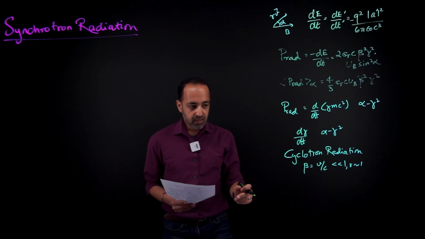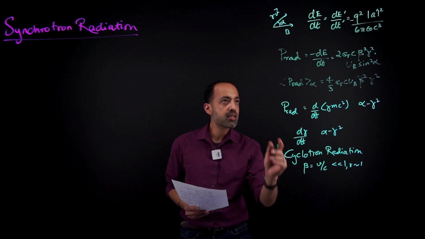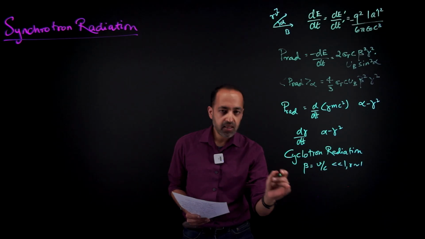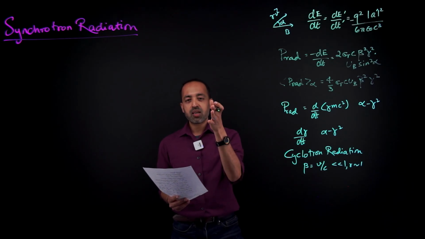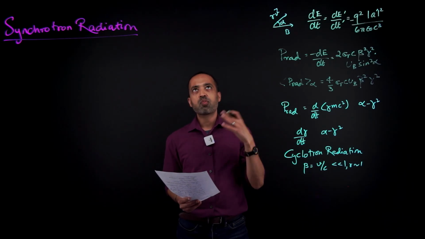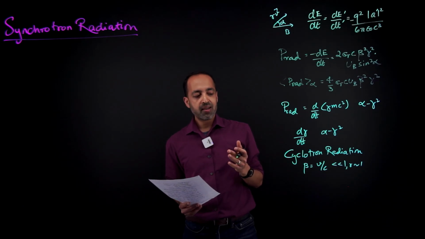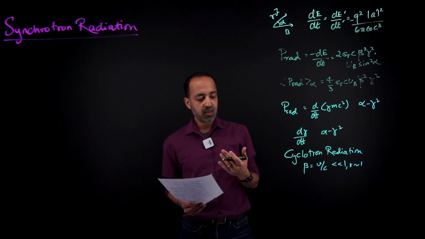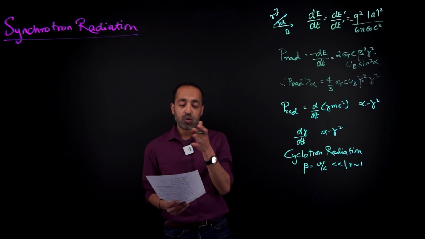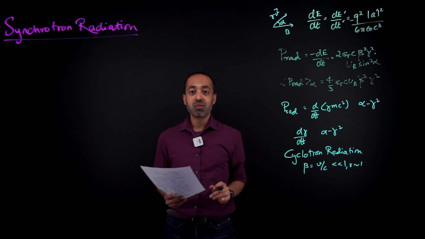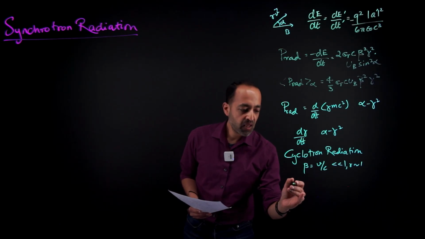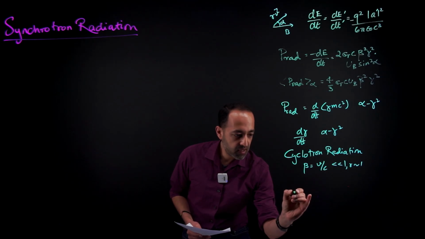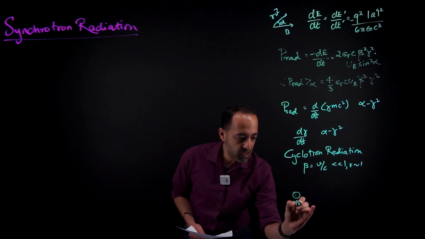And so let's just look at the dynamics. So when we talk about polarization, we're talking about the polarization of the radiation. The orientation of the line of sight with respect to the direction of the magnetic field becomes important. So let's say the magnetic field is pointed along our line of sight.